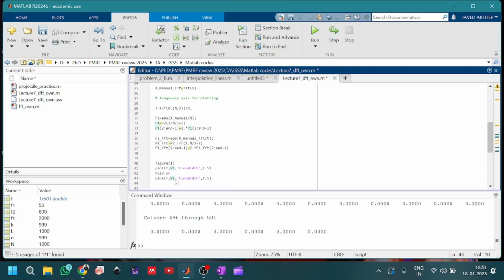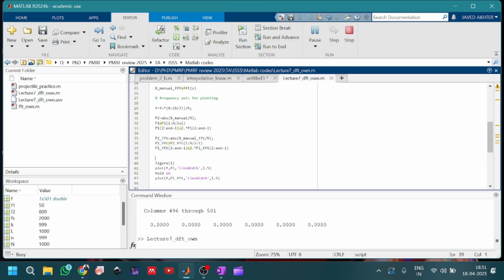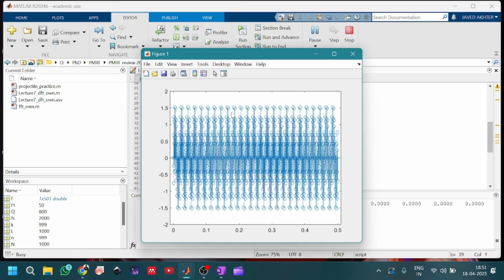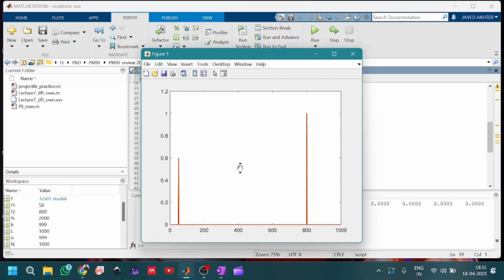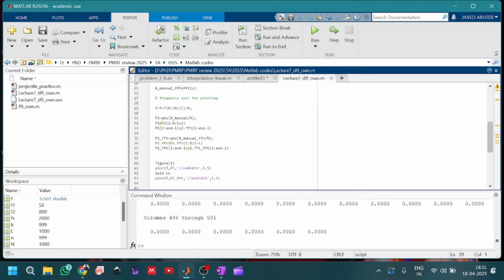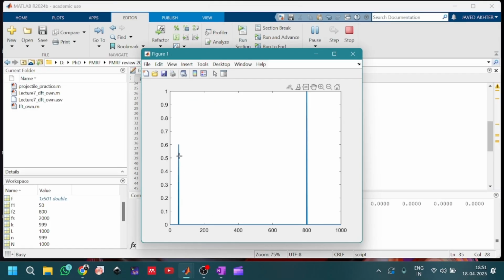Let me run it. Okay, you can see that it is actually giving us the same result. You can pause here for 2 seconds and see the output. This is using DFT and this is using FFT.